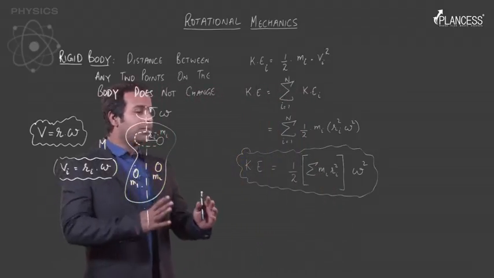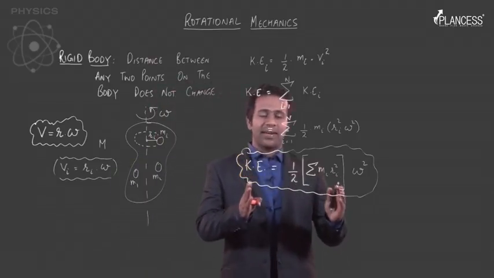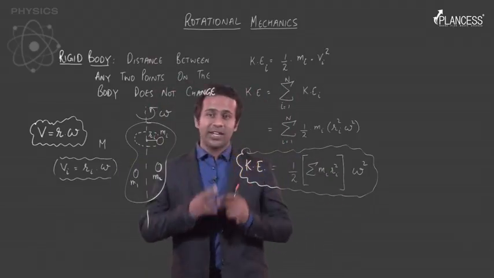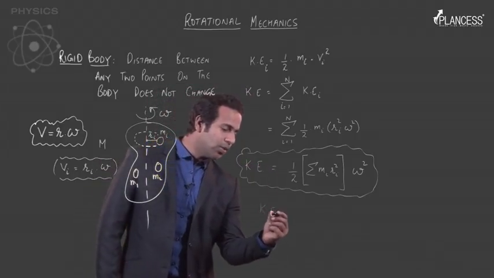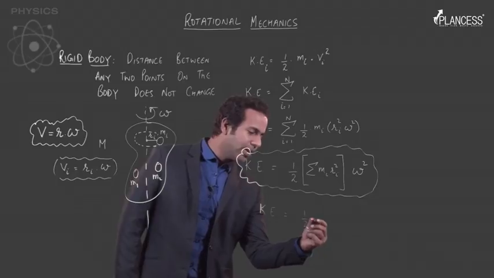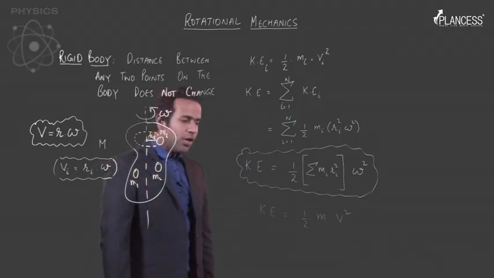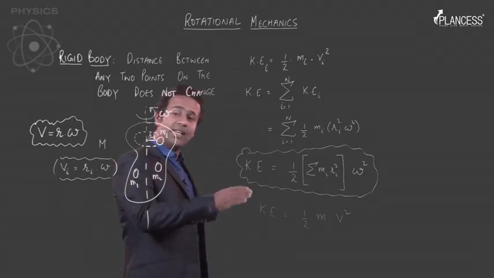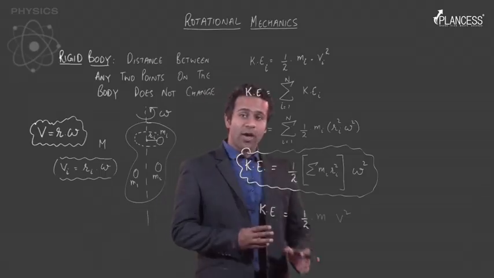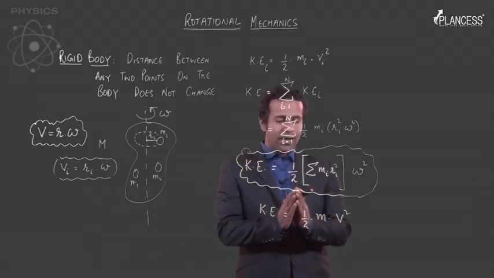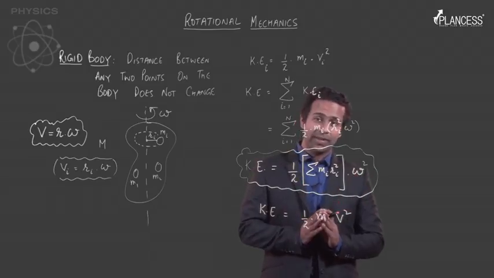So now let's come to the entire idea which we want to establish here. We are going to compare this expression to the original expression of linear motion. Kinetic energy we know is equal to half into m into v square. So we see a similarity in these two expressions, right? Because in this case you have an expression of half into a term into the square of angular speed, right?